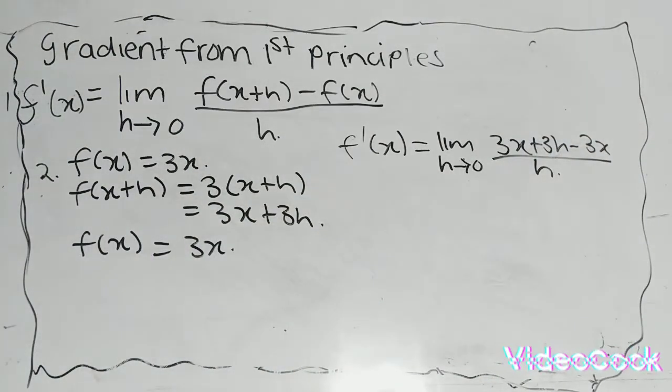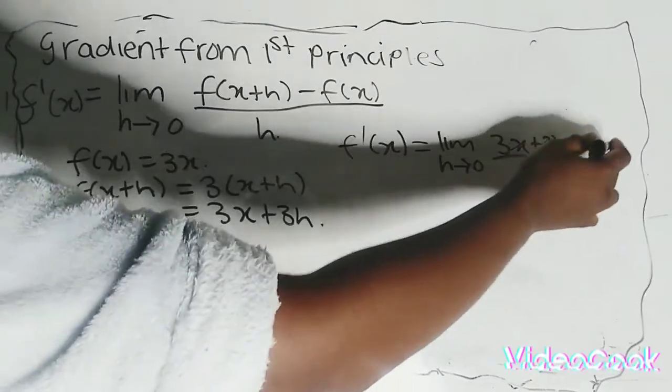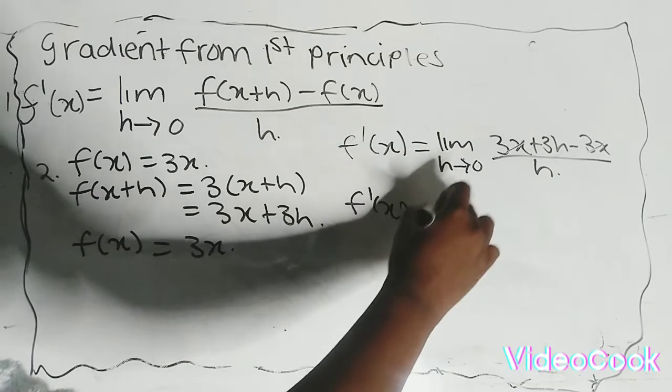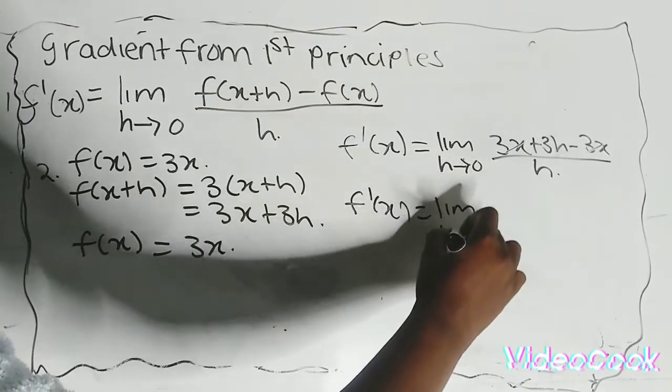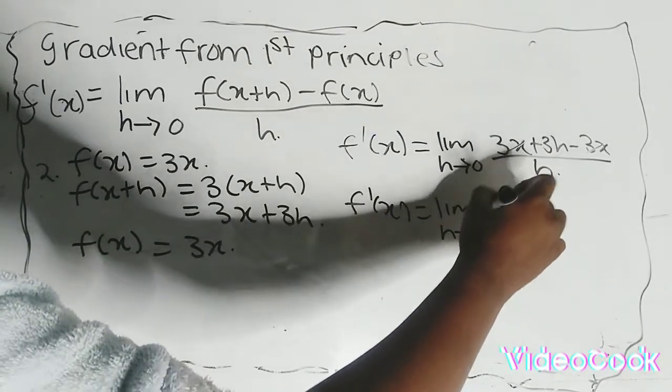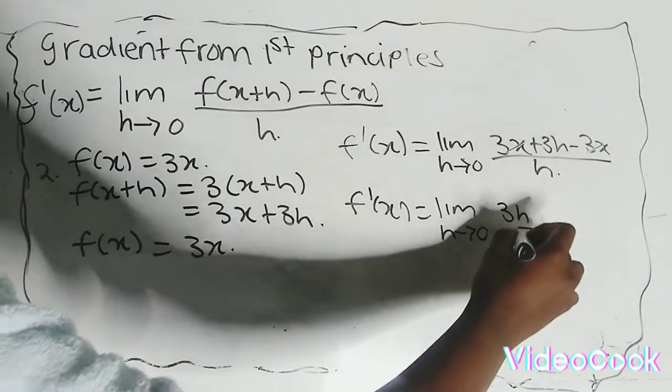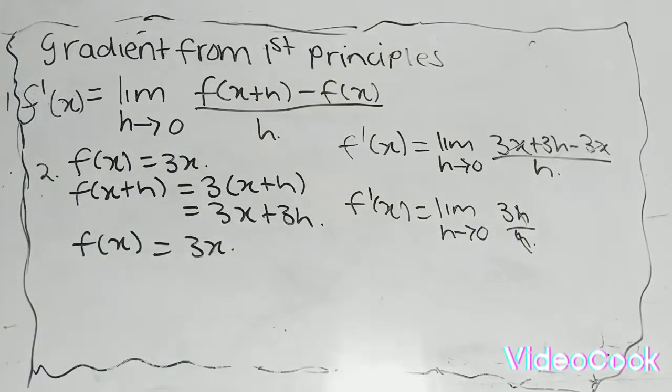Okay, I'm sure you can see 3x minus 3x to be a 0. So for f prime x, we are remaining with 3h over h, right? And h are going to cancel out. So since h and h, they have cancelled out, we are remaining with a constant there.